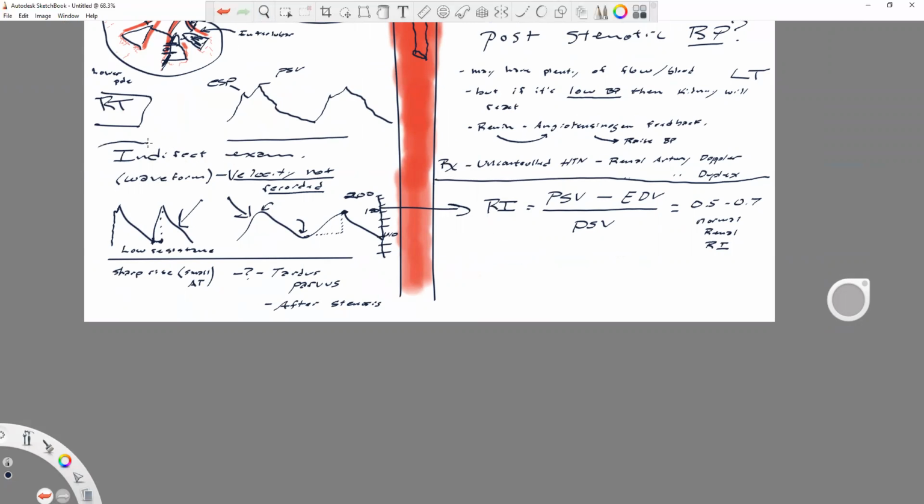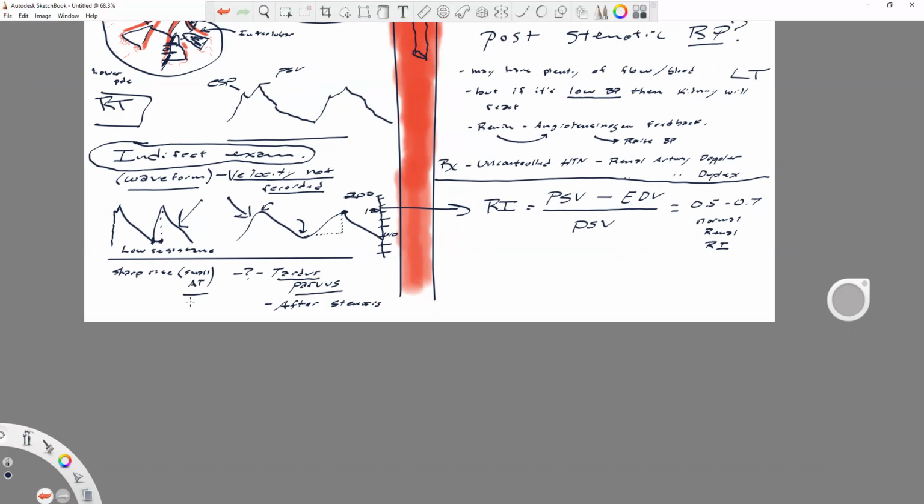In the indirect exam, we're looking at the waveform. We're looking at the acceleration time, which is the same difference because the acceleration time is basically giving a numerical value to tardus parvus.